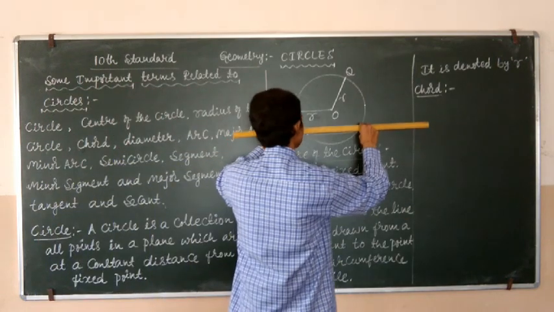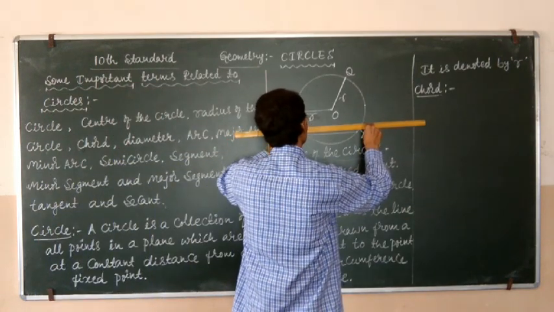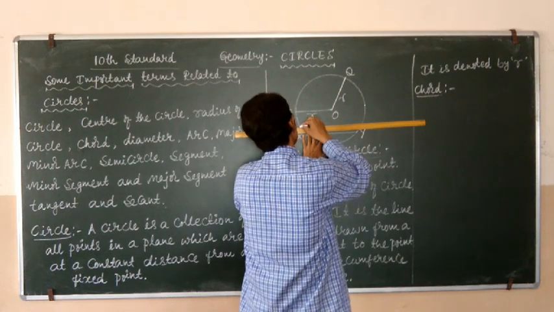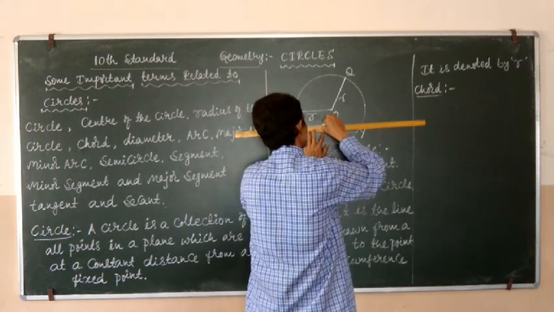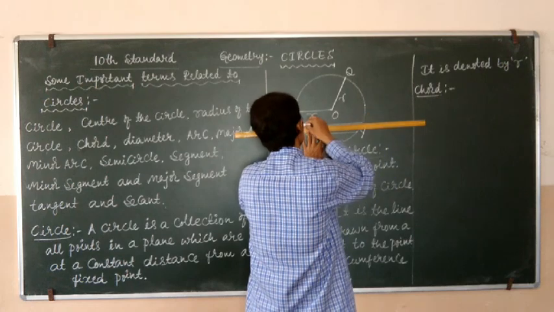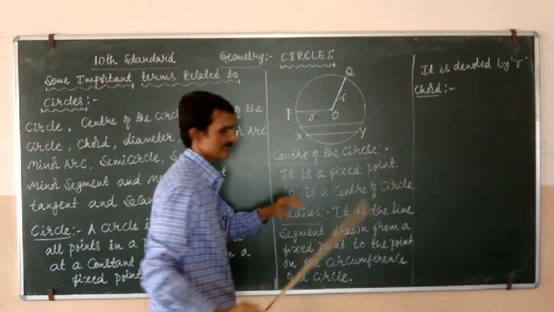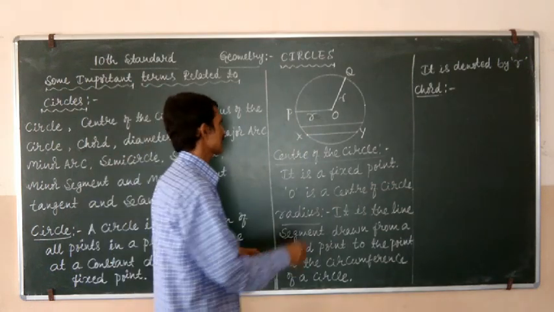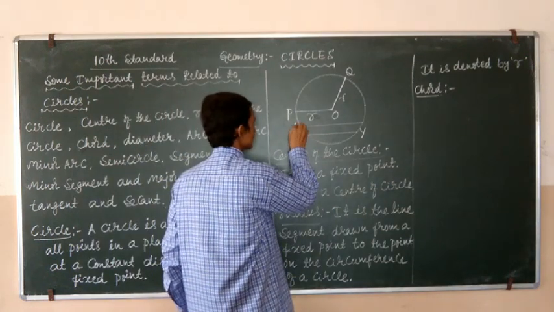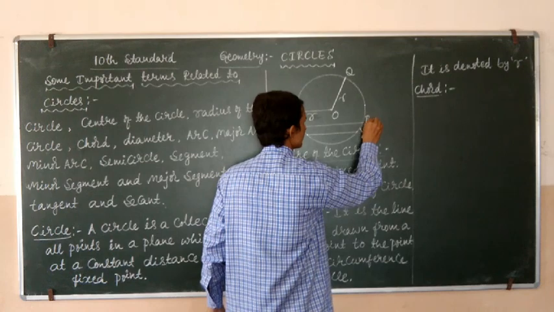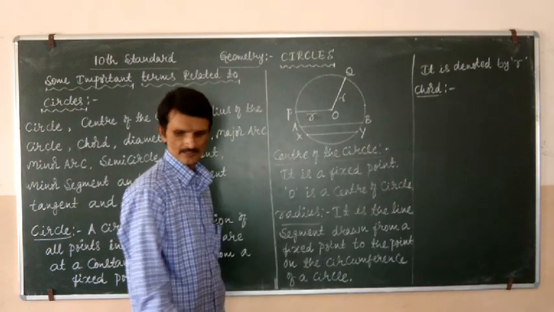Similarly, we can draw another chord by joining any two points on the circumference of the circle, AB.